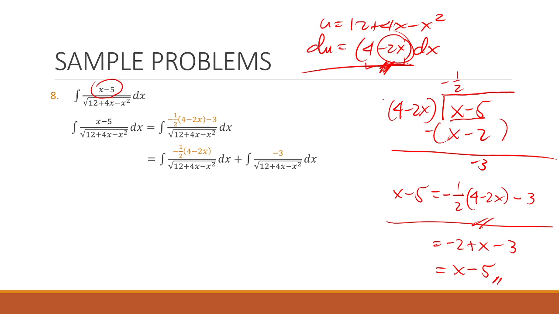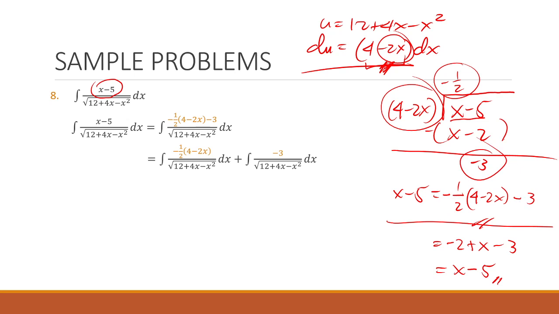Okay, so divide, tapos proceed with the division, and then ang equivalent expression nitong dividend nitong x minus 5 is the quotient times the divisor plus the remainder. Okay, so ayan, quotient times the divisor plus the remainder.